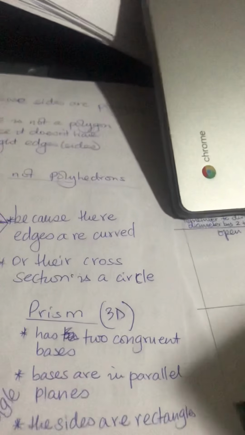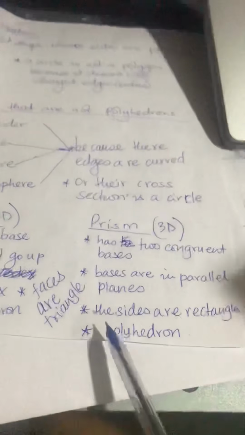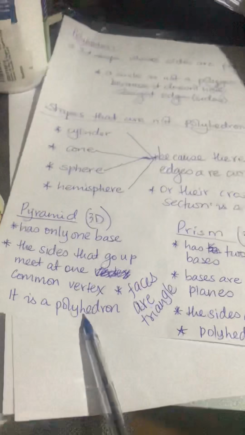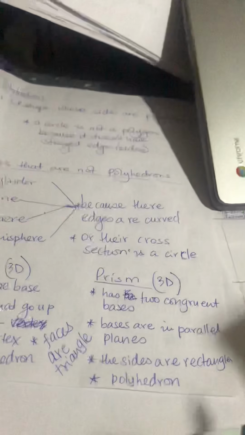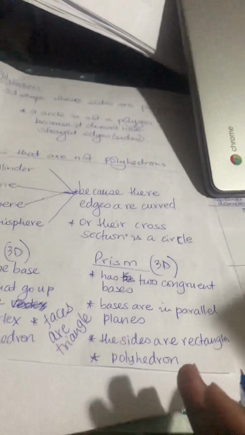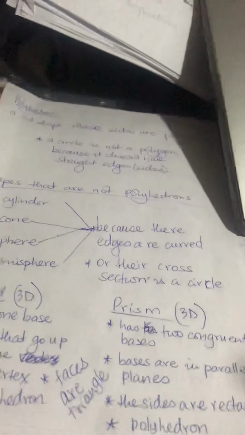If you have rectangles as the sides, then you're a prism. And I said prism and pyramid are also polyhedrons because their faces are polygons, because their edges are straight. As long as you have straight sides, then you're a polyhedron. If you're not straight, like this container, or like a cone, or a sphere, or a hemisphere, then you're not a polyhedron. Okay?